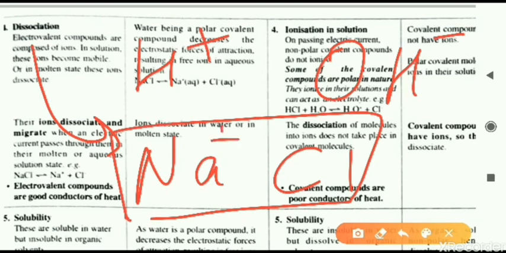One is Na plus, another one is Cl minus. When this electrovalent compound is put in water, at that moment what is happening? These individual ions are separating from each other. They dissociate from each other in the liquid state. In solid state it will not happen, it will remain the same, but in liquid state these ions will separate from each other. Why is it happening? Because of the polarity.